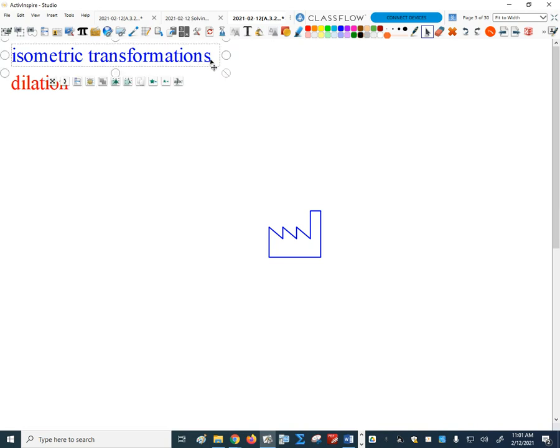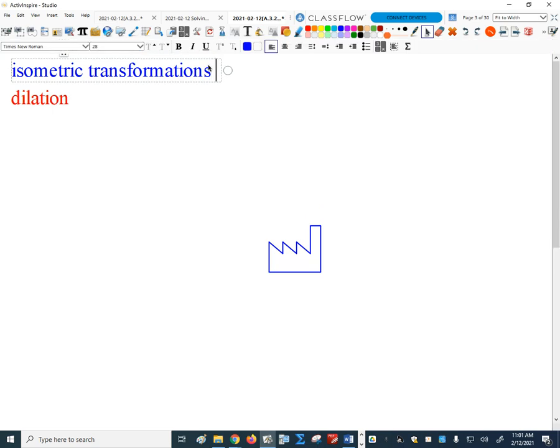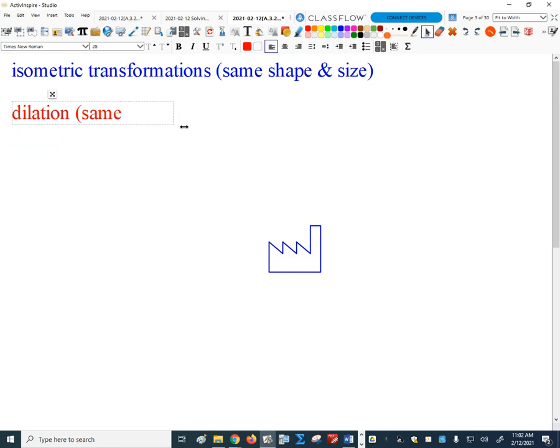So I'm going to add something to the notes here. An isometric transformation meant same shape and size. A dilation, on the other hand, meant same shape but not size.